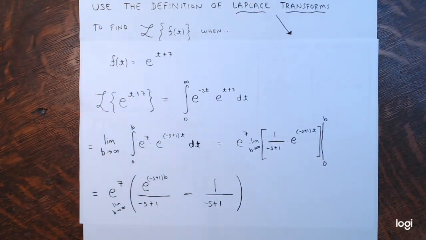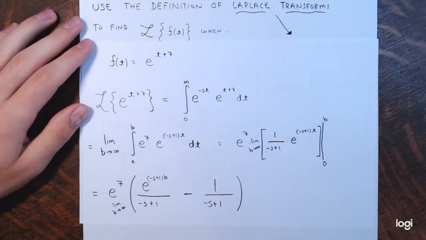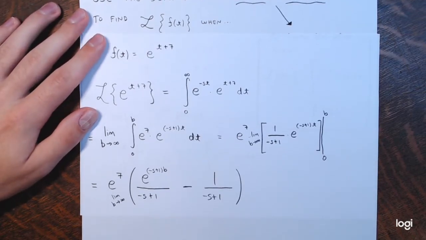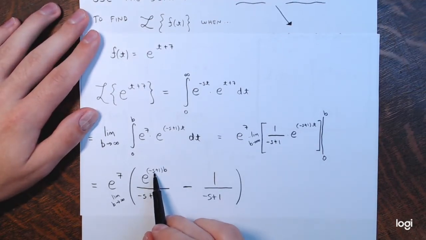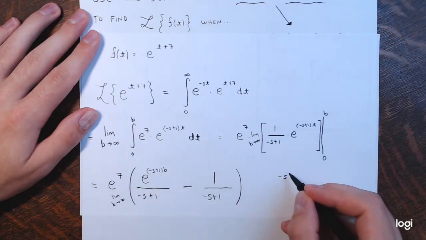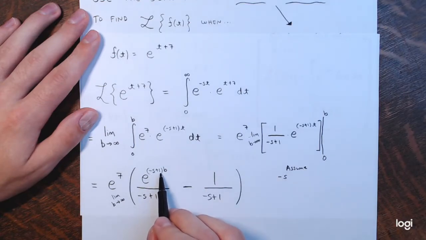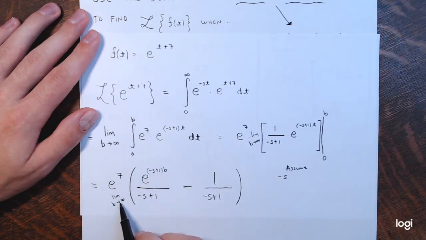Right. Okay, now again, after evaluating the integral, I have to think of the values of s that would enable this to actually have a limit, if there are such values of s. So again, if negative s plus 1 were positive, that would be bad, because then b's getting big, this would approach infinity, it would blow up, the limit wouldn't exist.